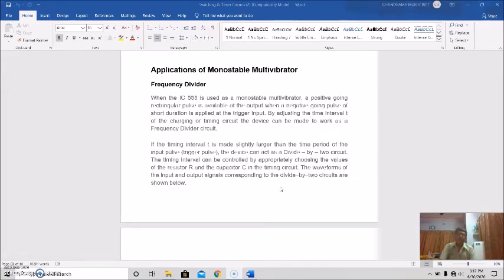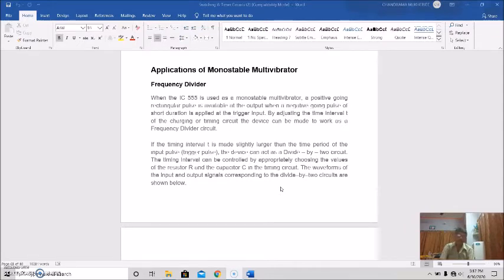Now, if the timing interval T is made slightly larger than the time period of the input pulse, that is the trigger pulse, the device can act as a divide by 2 circuit. The timing interval can be controlled by appropriately choosing the values of resistor R and capacitor C in the timing circuit.